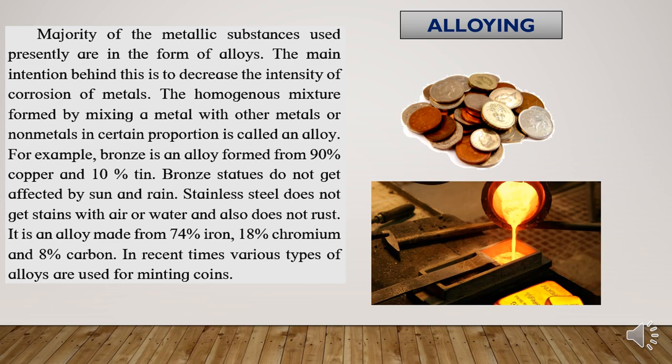However it falls, it doesn't break, doesn't get spoiled, doesn't catch rust, and its color doesn't change, because it is an alloy which is made up of 74% of iron and 18% of chromium and 8% carbon. In recent times, various types of alloys are used for minting coins also. So the coins that we use are also made up of different types of alloys. All right.